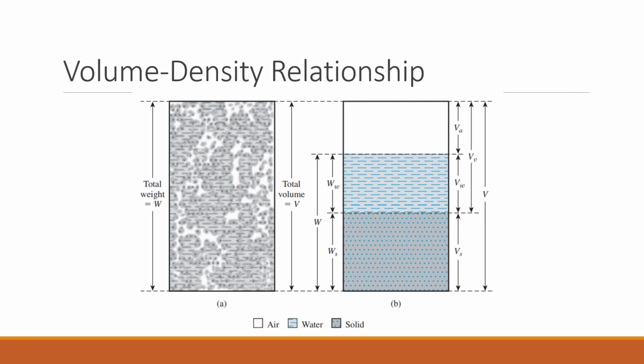We also have the volume of water, denoted by capital letter V with subscript W. And the volume occupied by air is included in the computation for the total volume of the soil sample, denoted by capital letter V with subscript A. Because in the actual scenario, just like with rectangle A, air is trapped between the particles of soil and the water.